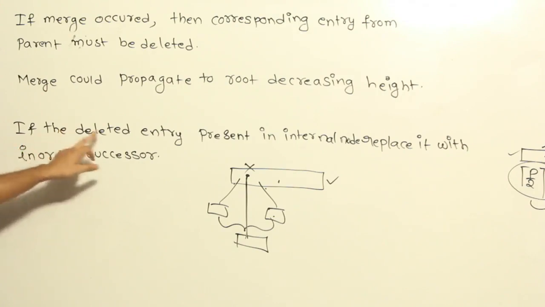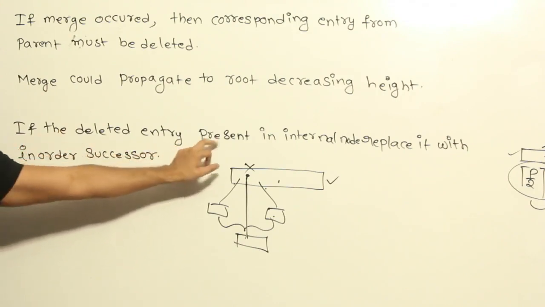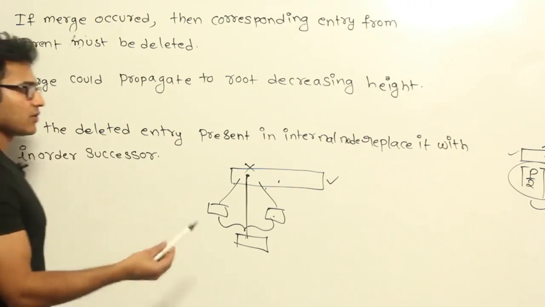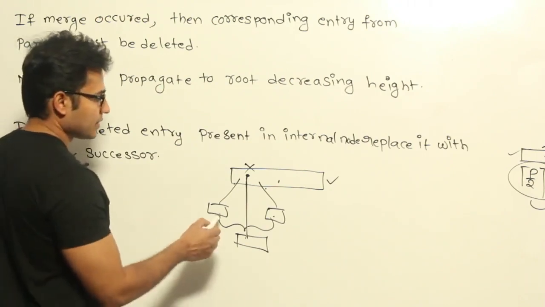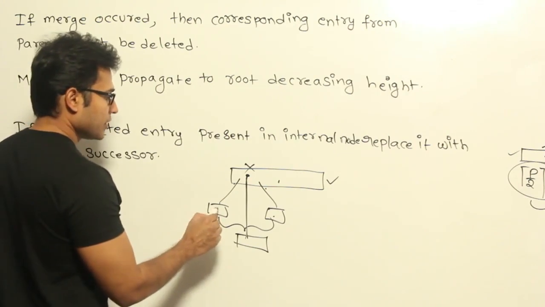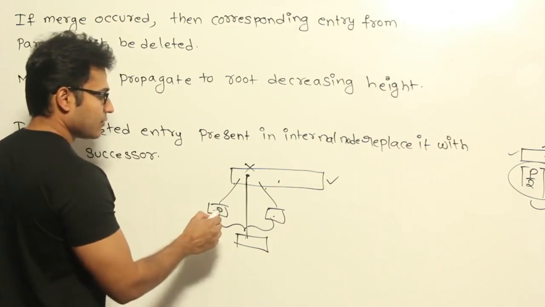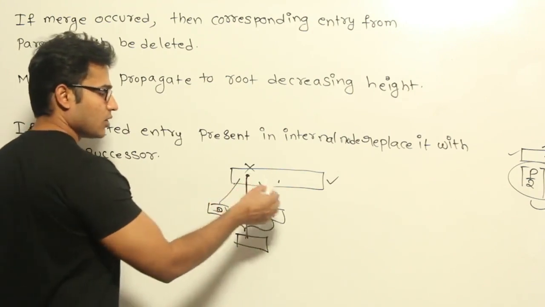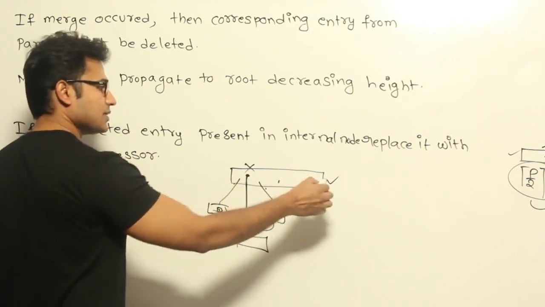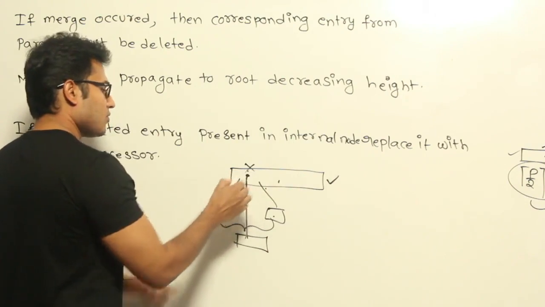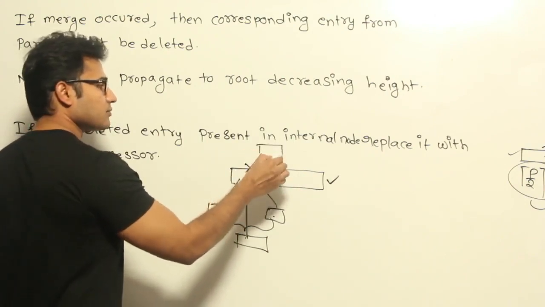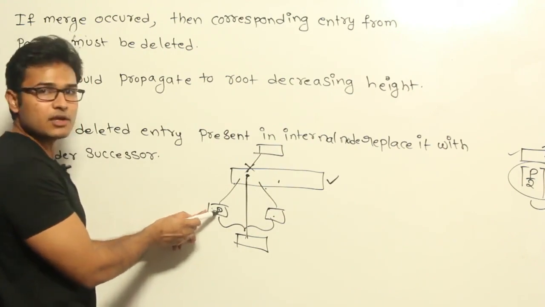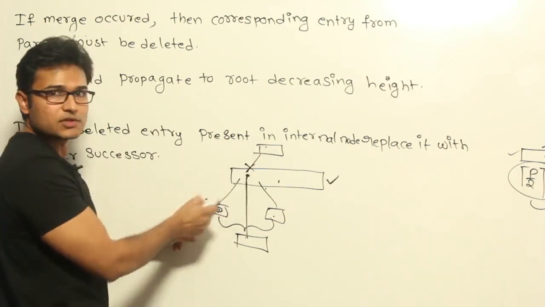And the next one is, if the deleted entry is present in an internal node, replace it with the in-order successor. Whatever entry you delete from the leaf, if it is present somewhere else too, not just in the parent but anywhere on the way to the root, you will find it while traveling from the leaf towards the root.